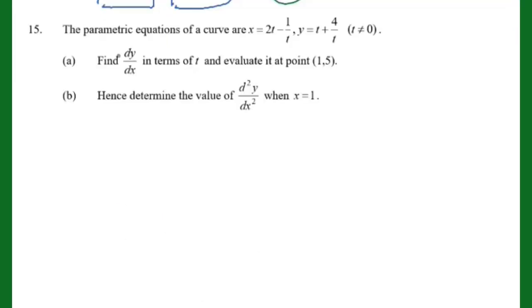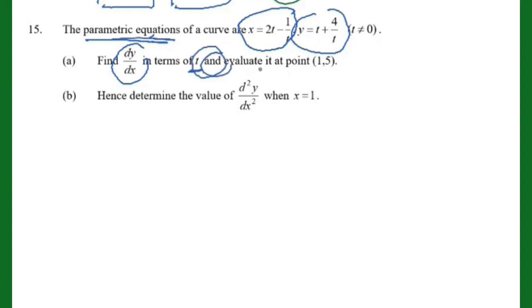This is a parametric equation curve. First separate like this: two curves, x with parameter t, y with parameter t. Confirm this is a parametric equation. And find dy/dx in terms of t and evaluate at the point (1, 5).